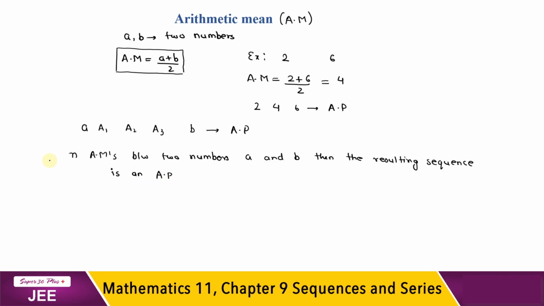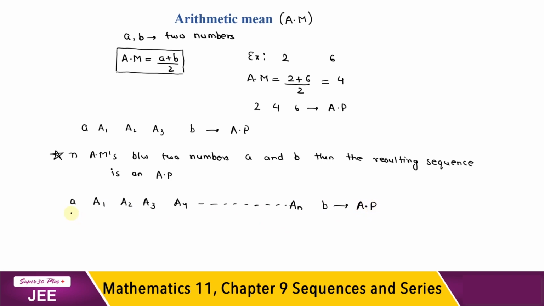Alright, so this is a point worth noting. What I'm trying to say is that if we have two numbers A and B, and if we insert n arithmetic means A1, A2, A3, A4 up till An between A and B, then this sequence results in an AP.